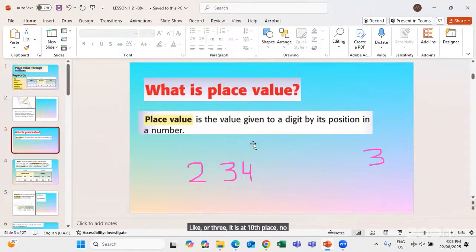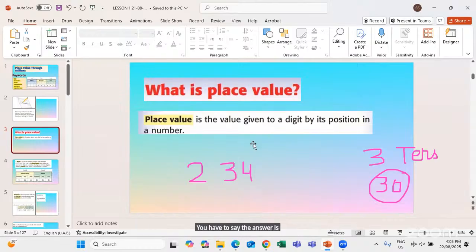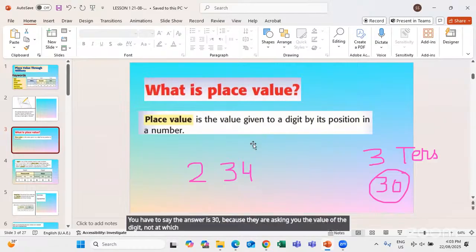No, you have to write the answer as 3 tens if the option is given, or you just need to write 30, because this is the value. You will not write that 3 is at tens place. If you need to find the value of the digit 3, you have to say it as 30. You will not say it is at tens place. You have to say the answer is 30 because they are asking you the value of the digit, not at which place it is. Clear?